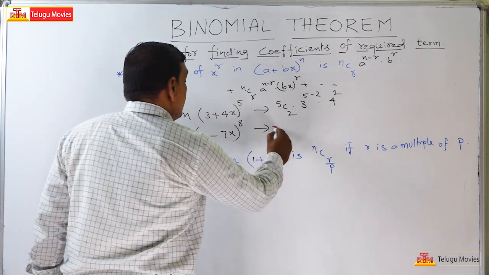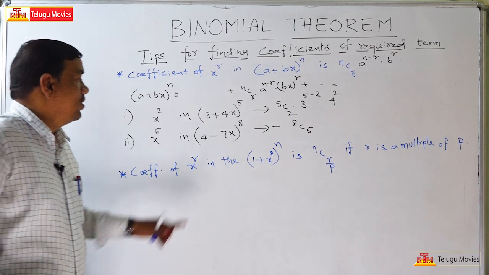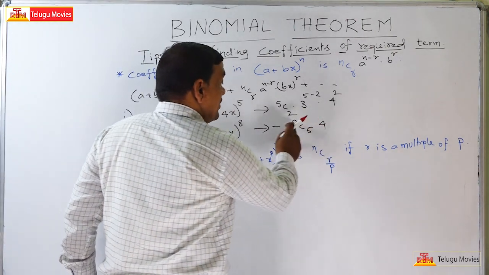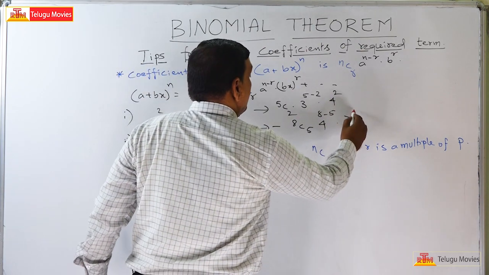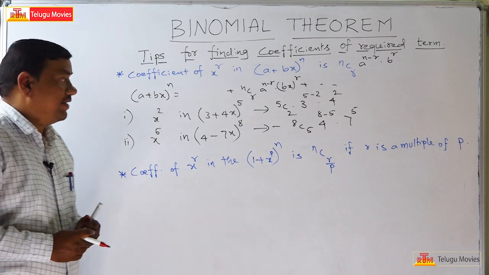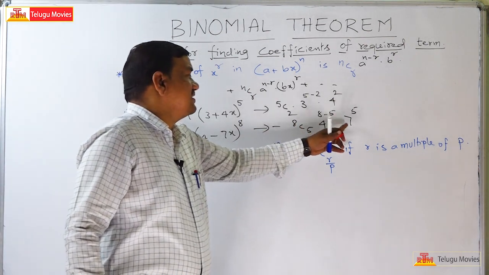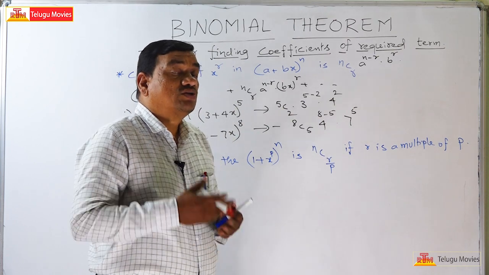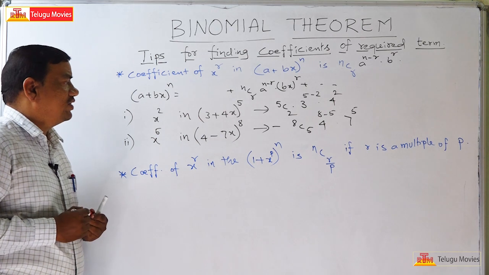So therefore, this is minus 8C5, 4 to the power of 8 minus 5 into 7 to the power of 5. So this is the coefficient of x to the power of 5. Why? Because here (minus 7x) whole to the power of 5 will come, so minus x to the power of 5, that's why minus will come. So the value will be whatever it is.